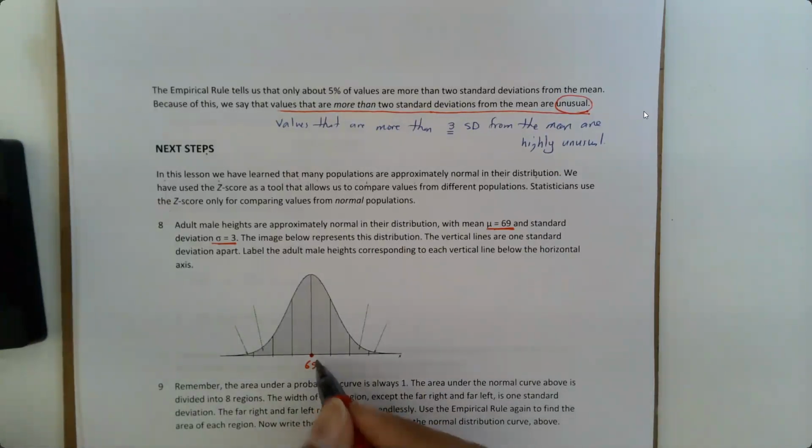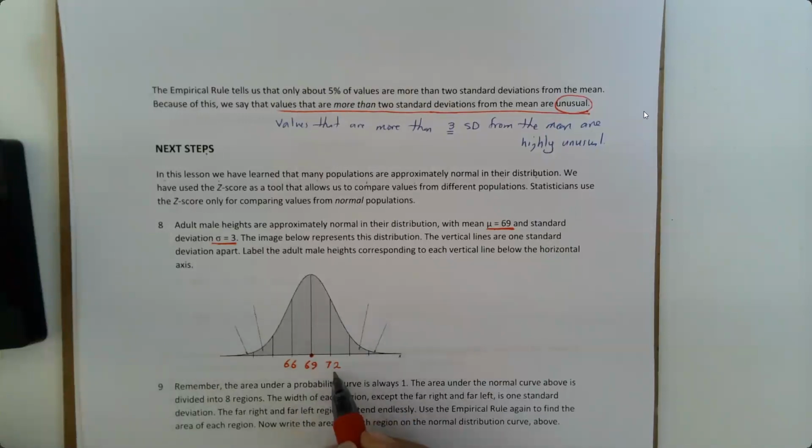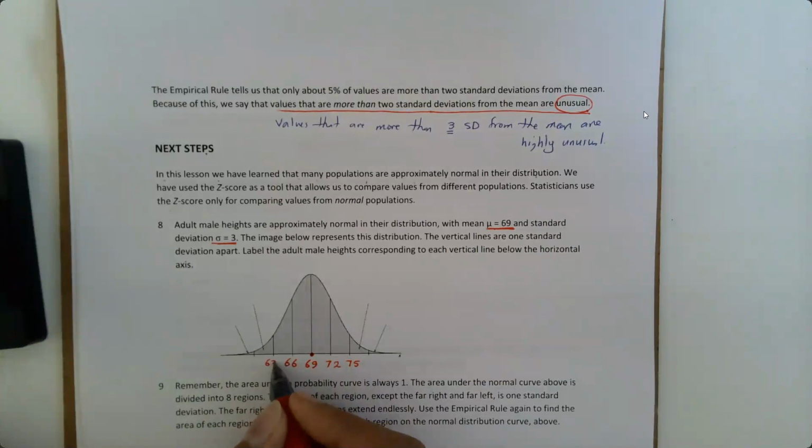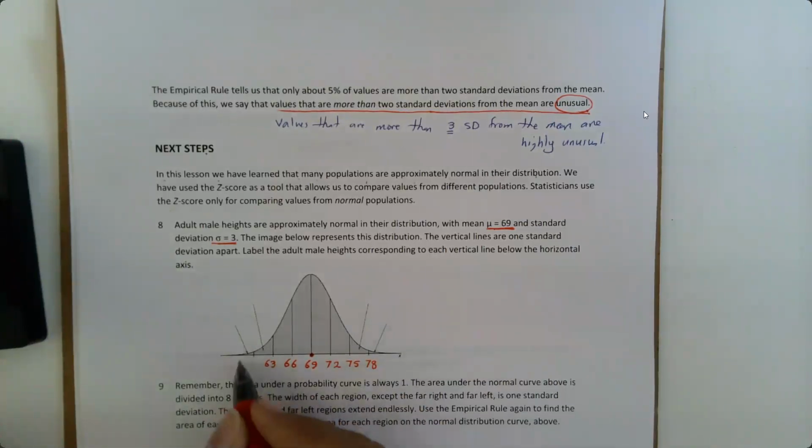So here you have 69 plus 3, which is 72. 69 minus 3, which is 66. 72 plus 3, 75. 66 minus 3, 63. 75 plus 3, 78. And 63 minus 3, which is 60.